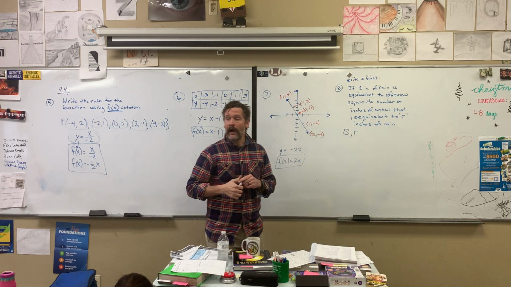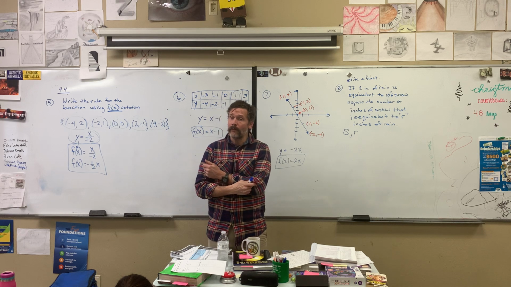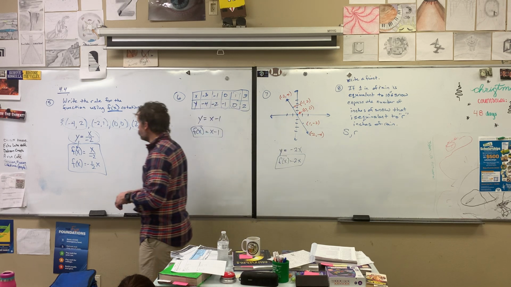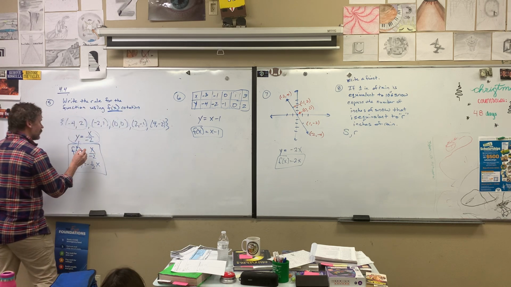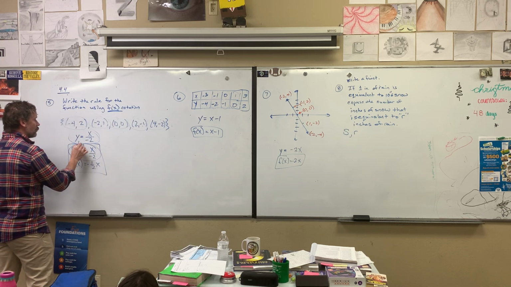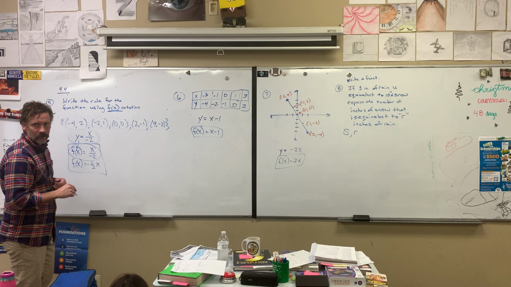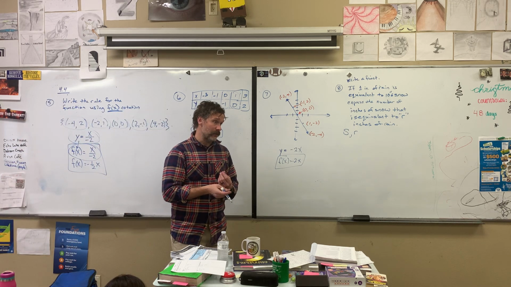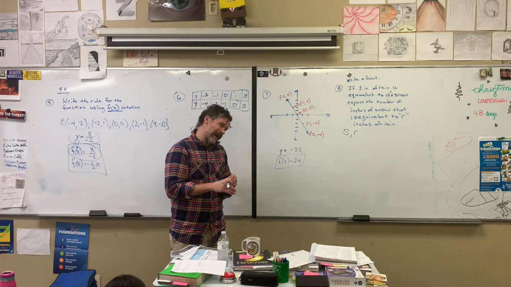Okay, now the challenge is that we want to put this in function notation. Now over here, we had something like f of x equals x over negative 2. F and x didn't describe any specific scenario. It was just a general equation, a rule, a mathematical equation.